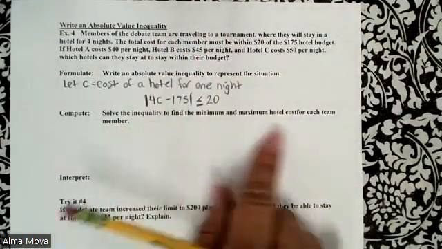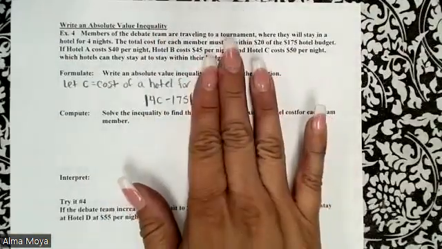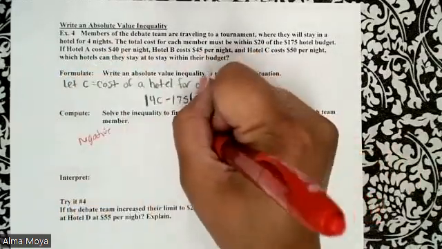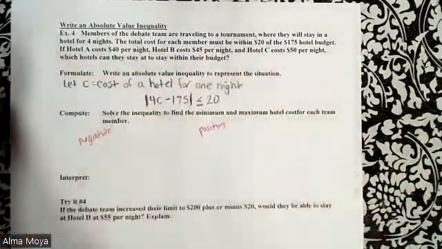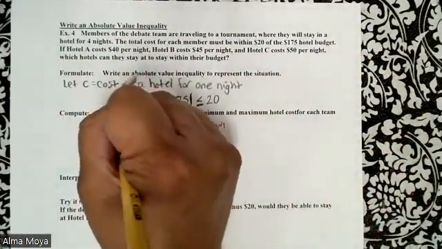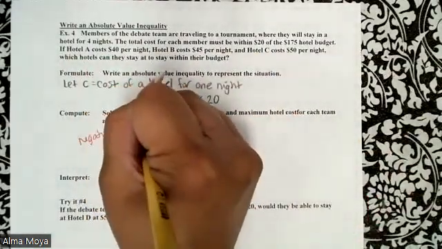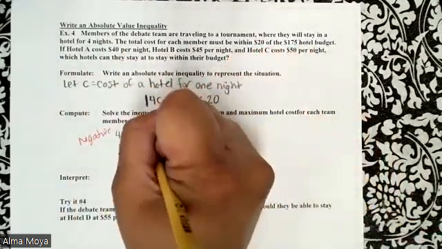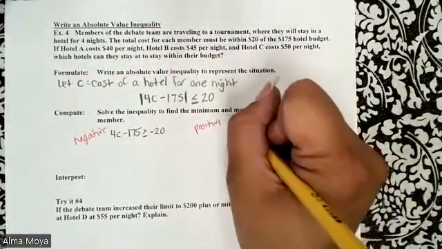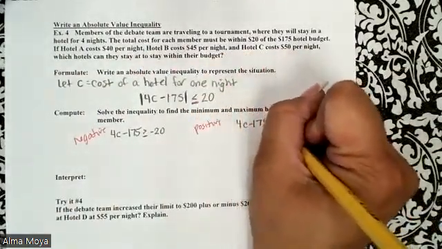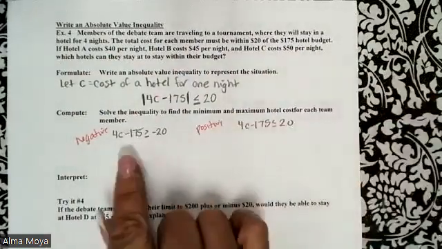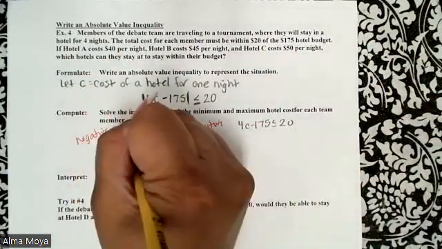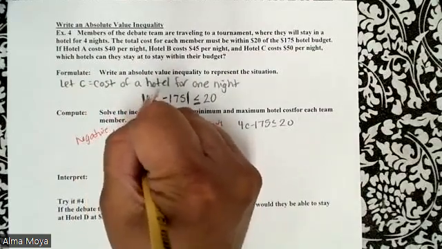All right, now we're going to solve this. The absolute value is already isolated. So I'm going to do the negative and I'm going to do the positive. I'm going to set 4C minus 175, because this is the negative, equal to -20, and then the inequality symbol is going to flip. On the positive, I just leave it alone. Here I'm going to add 175, so -20 plus 175 is equal to 155.